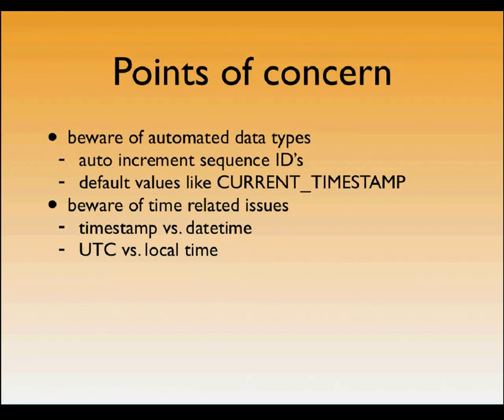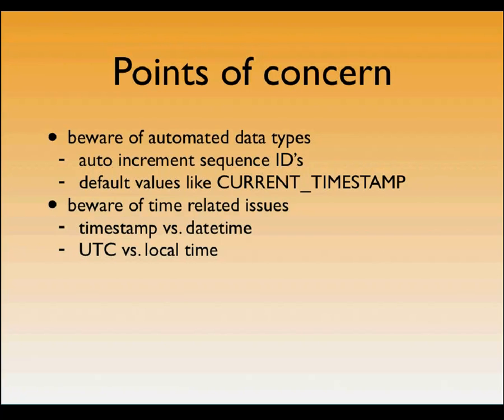There are points of concern, specifically for several database vendors: auto increment sequence IDs. You cannot predict it. They sometimes generate those at random, or they're not set at all, or whatever. Also, current timestamp.